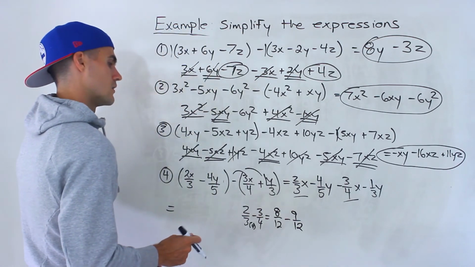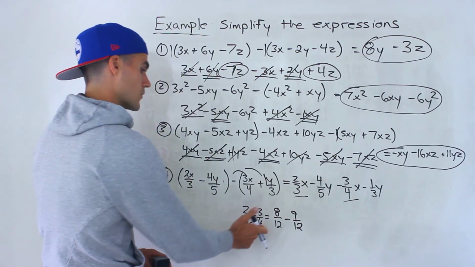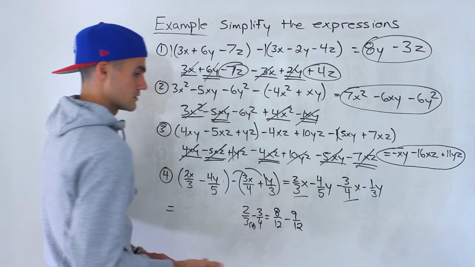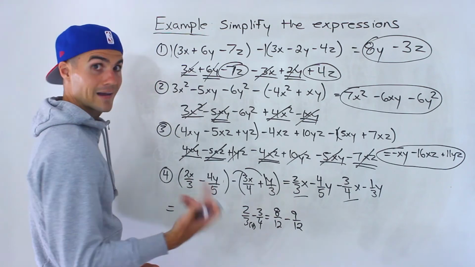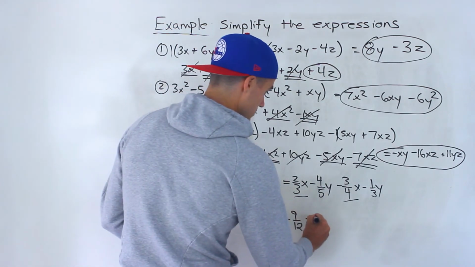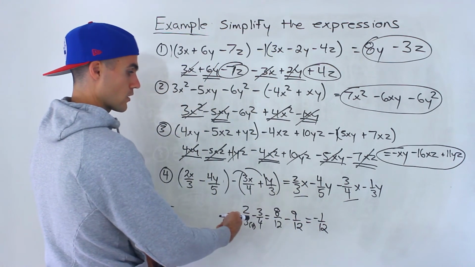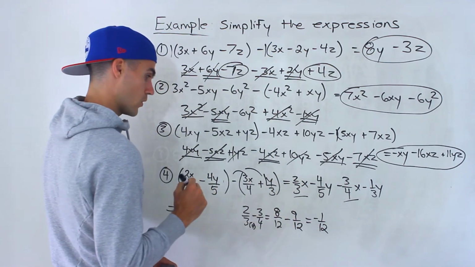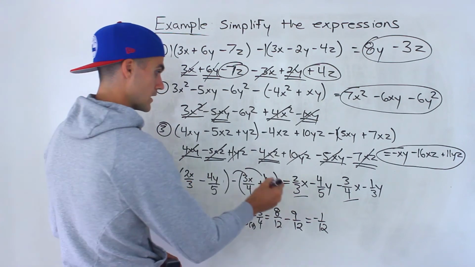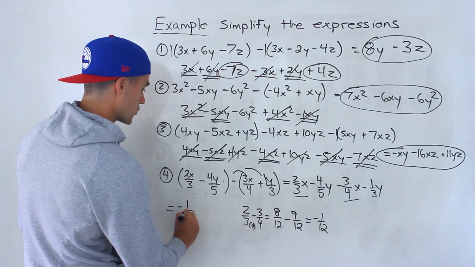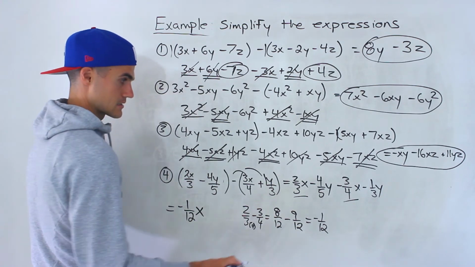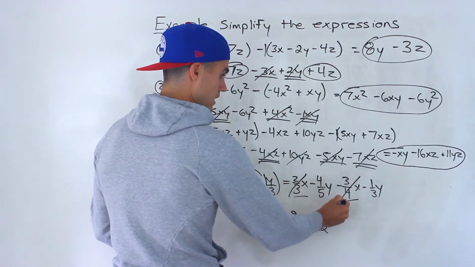Multiply this by 3 and this by 3 to get the 9 up top. So 8 minus 9 gives us negative 1, so negative 1 over 12. So we'd end up with negative 1 over 12 x.